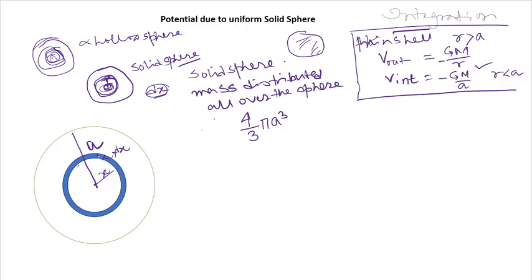As we have already discussed, the radius of the sphere is a, and I have taken a hollow sphere with radius x, for example, and the thickness of the sphere is dx. So this is the hollow sphere.